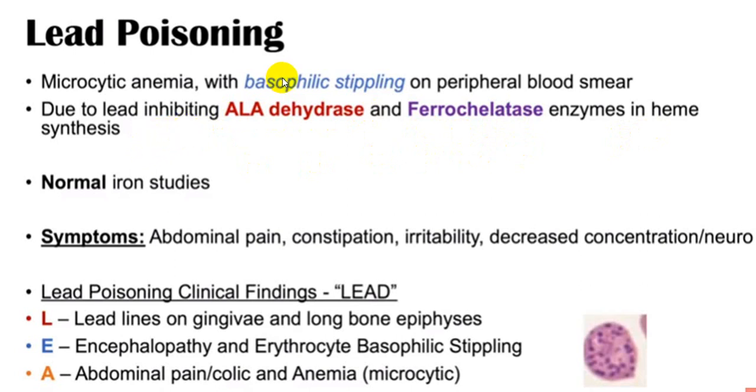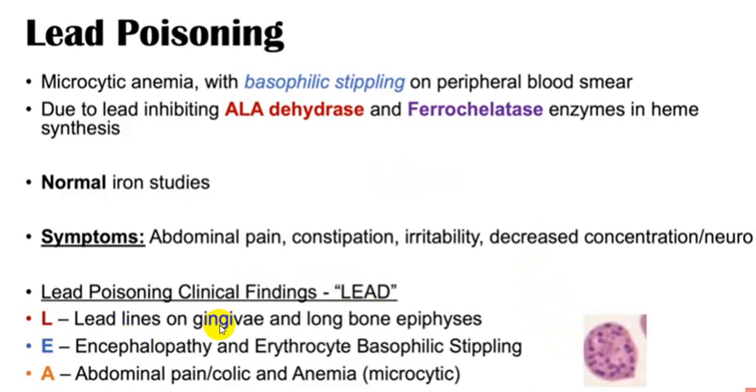And secondarily there is basophil stippling, which is because of messenger RNA seen in RBC.